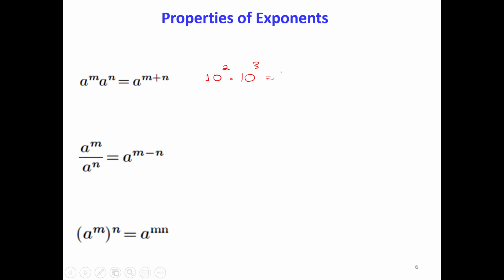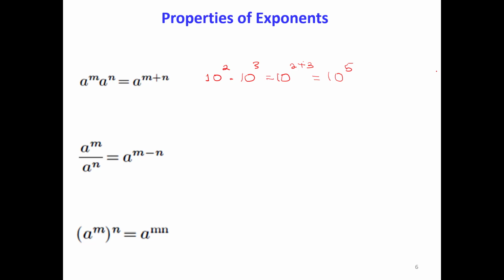One important thing is the base must be the same. In this case the base is 10. If the base is not the same, if we had 10 and 5, we cannot apply this rule. Then 10 to the power of 2 plus 3, we add the exponents, and it's 5. Again, here I am writing all the steps, but you can just write 10 to the second power times 10 to the third power is 10 to the fifth power.